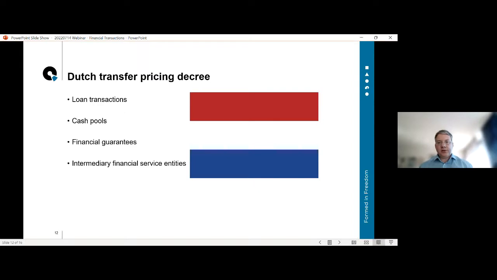This guidance contains certain new elements that also derive from previous practice. So it's good to point that out. Well, first of all, for a financial service entity, like any other transfer pricing transaction, you should have a look at the functions performed by the entity, the risks assumed, and the assets used.